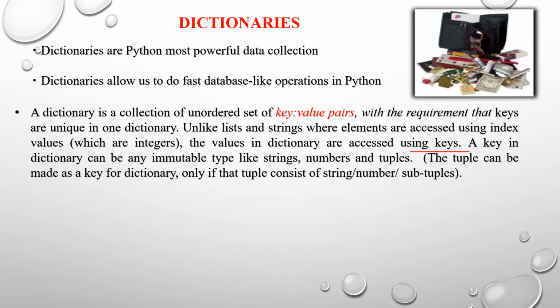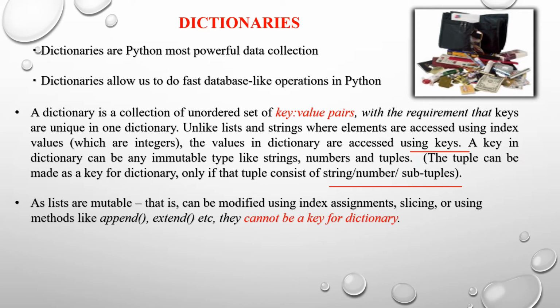A key in a dictionary can be any immutable type like string, numbers and tuples. A tuple can be used as a key for a dictionary only if the tuple consists of strings, numbers or subtuples.